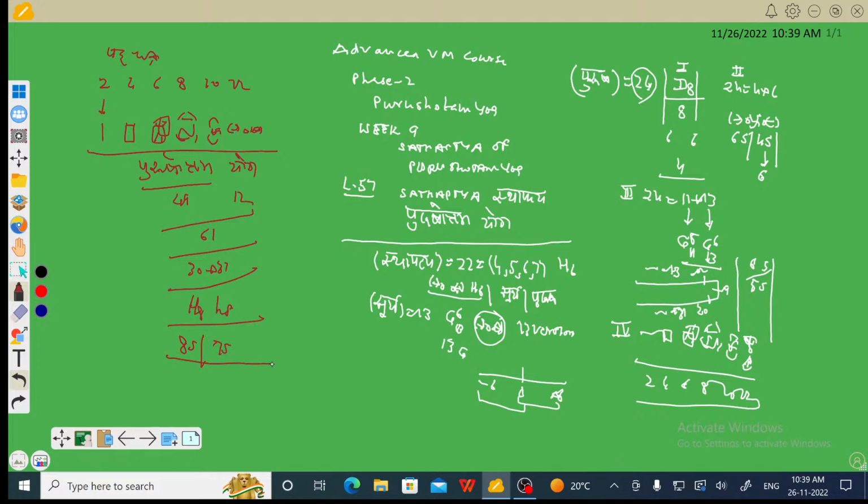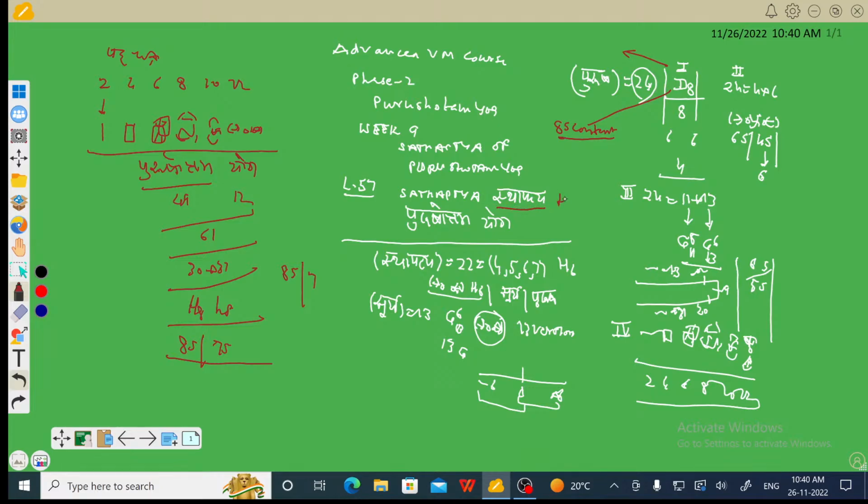So see, the Purushatam Yoga is taking 8 space in the role of origin of a 7 space, and we have seen that the Purusha as value 24 is the spectrum of 8 space content.